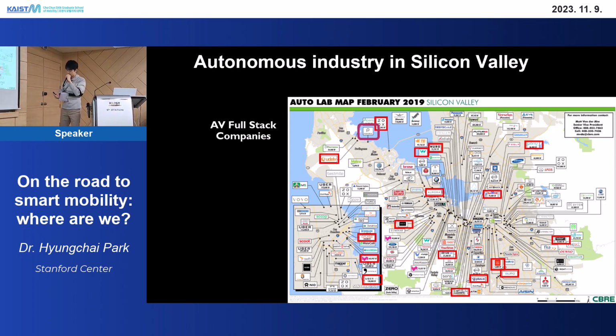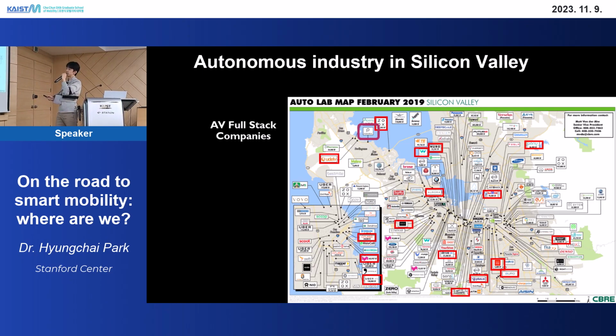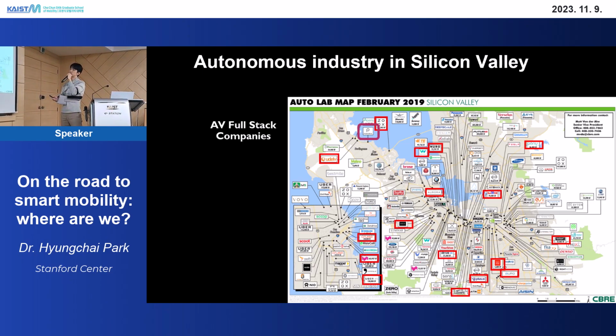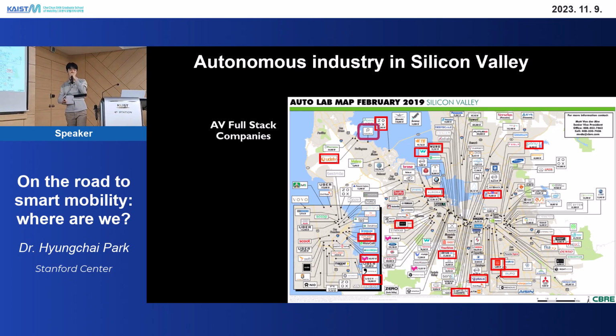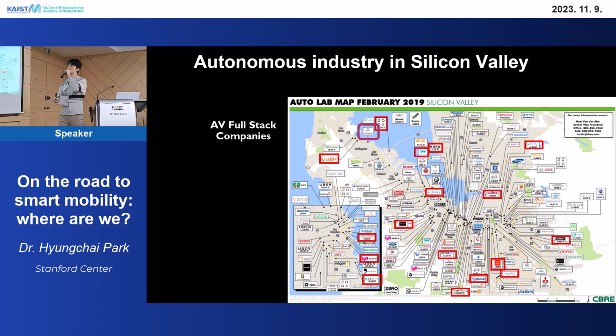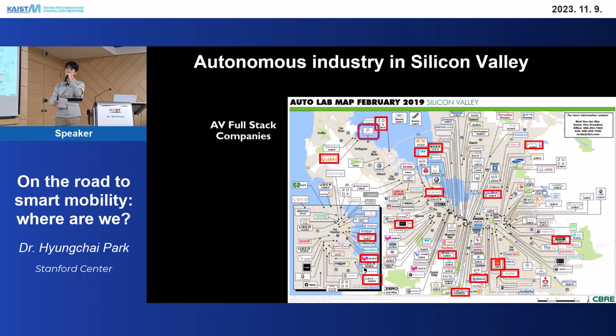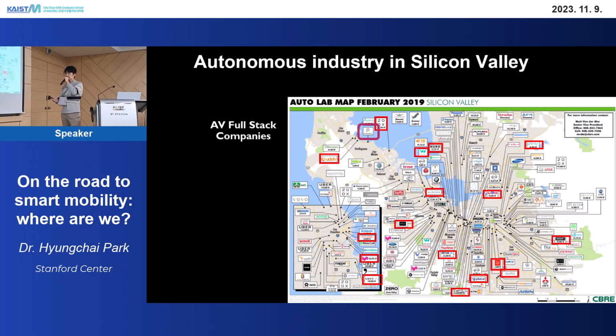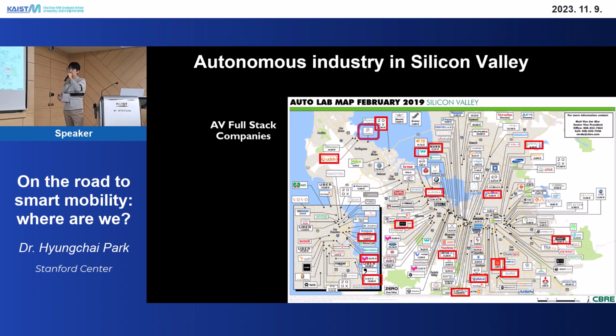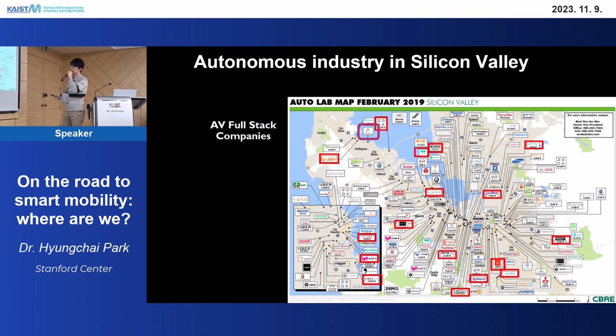This map shows how many companies are located in Silicon Valley, related only to the automotive industry. Traditionally in the US, the main location of the automotive industry is Detroit. But now, as autonomous driving is emerging, Silicon Valley has become a new center of the automotive industry.